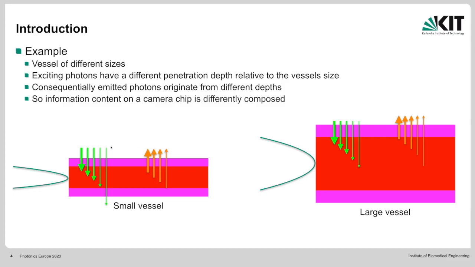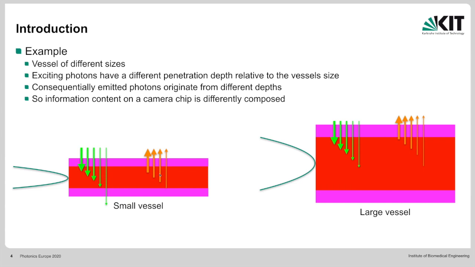The arrows depict the number of photons. We will have a larger number of photons reaching areas close to the surface, and few of them will be reaching the backside of the vessel. The same holds for the emitted photons.